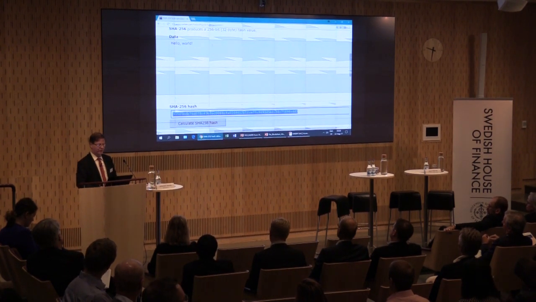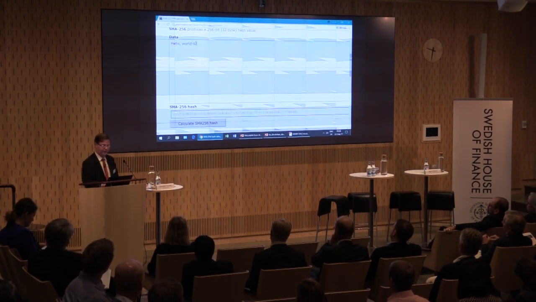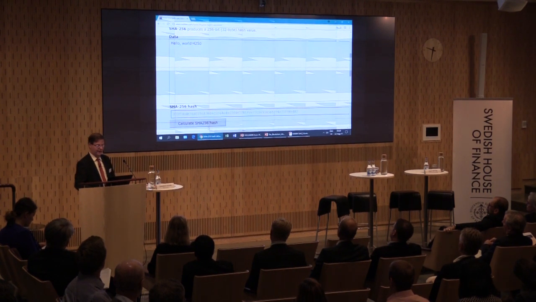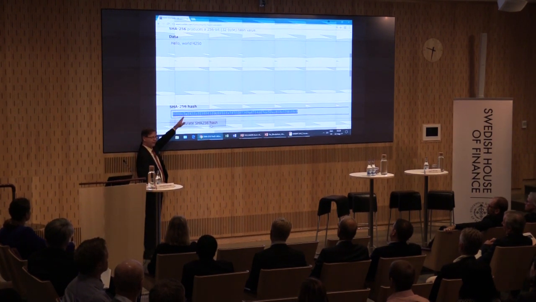The last one I'm going to do is, instead of a 0, what about 4250? And do the hash. Notice that the first 4 characters are 0, 0, 0, 0. So that's kind of rare.